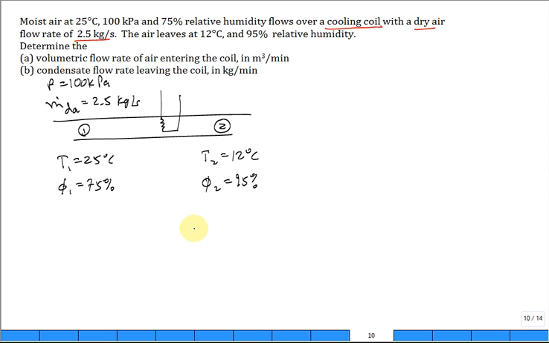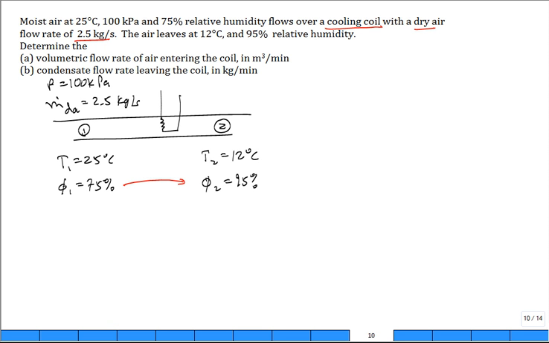Let's take a look at these numbers. Does it make sense that it cooled from 25 to 12 degrees C? Does it also make sense that the relative humidity went up from 75% to 95%, or is that a typo? Is that impossible?